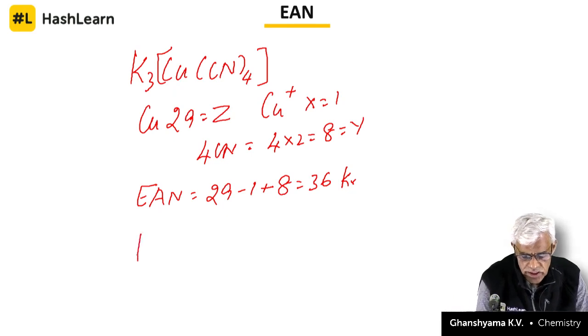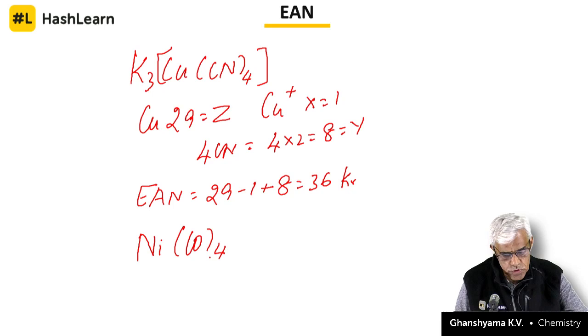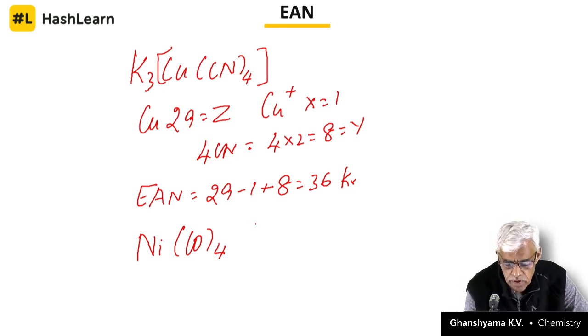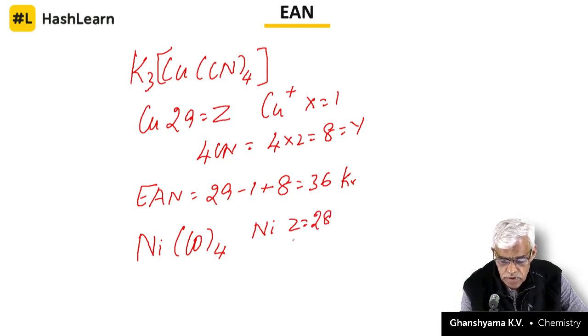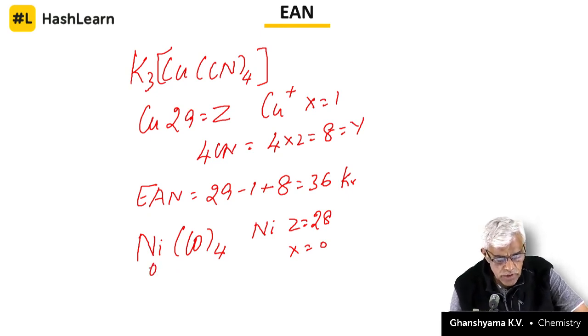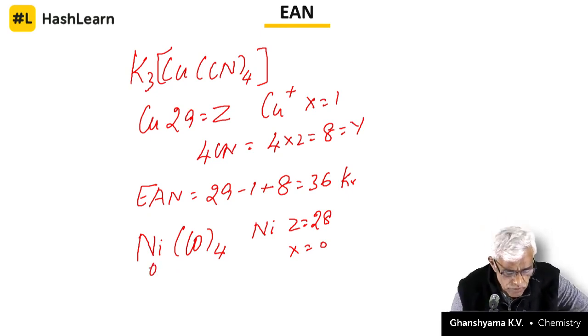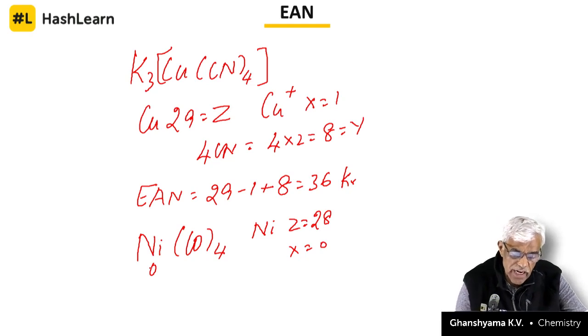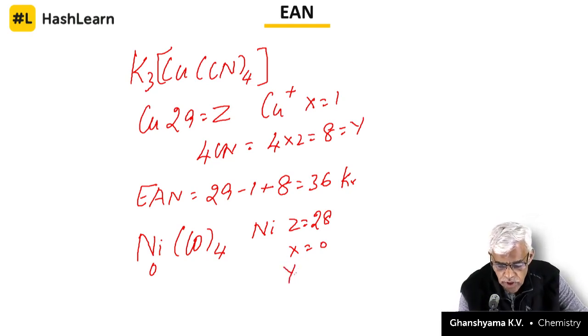Next, Ni(CO)4. Ni atomic number Z is equal to 28. Here X is equal to 0 because the oxidation state of nickel is 0. It is present in the form of a central metal atom. Y, there are 4 ligands, each will give 2, 4 into 2 is equal to 8.